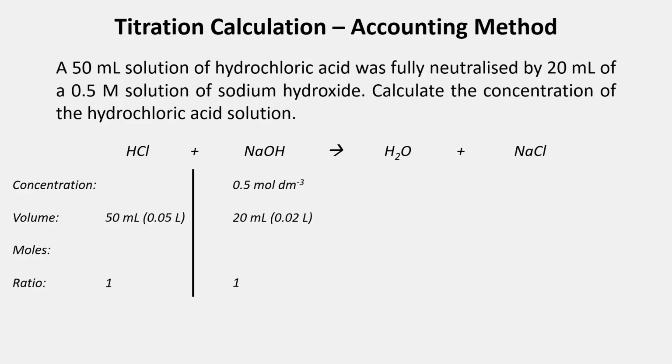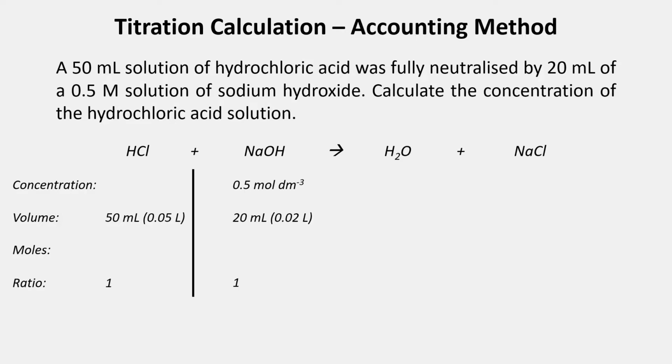So 50 milliliters is 0.05 litres. And just remember the fancy term for litre is decimeter cubed, or dm cubed. So that's an easy transformation. And then we also know from the equation we've written that one molecule of HCl reacts with one molecule of sodium hydroxide. So we know the ratio is 1 to 1.